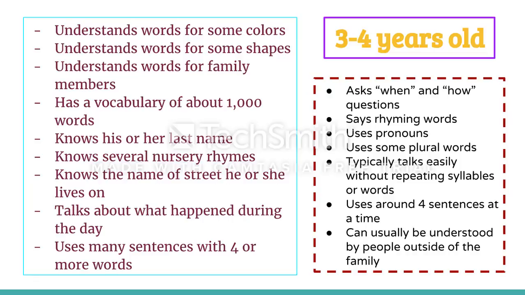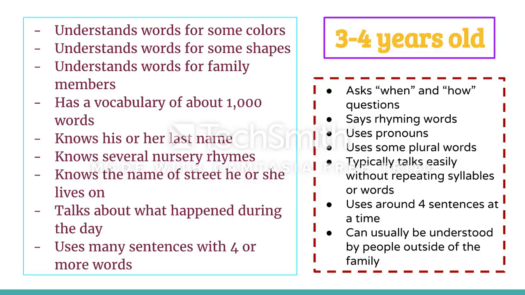They will understand words for family members like sister and brother and recognize that when you say sister or brother, who you're referring to. Their vocabulary has expanded to about 1,000 words. They will know their first and last name and several nursery rhymes. Also know the street that they live on.